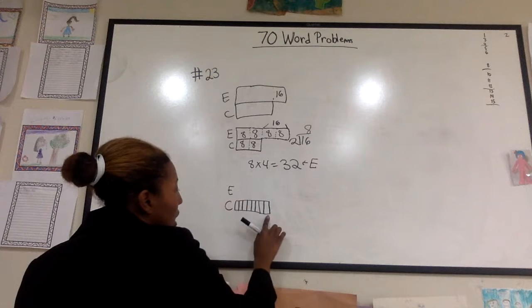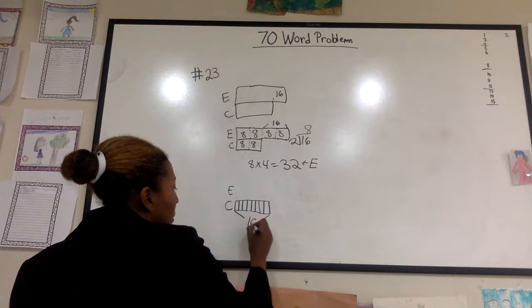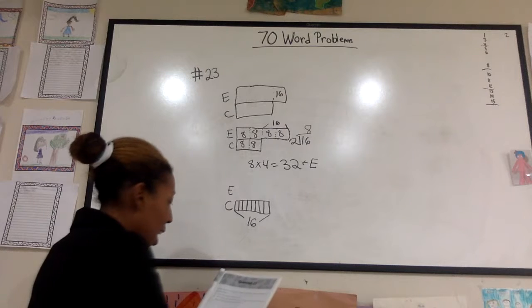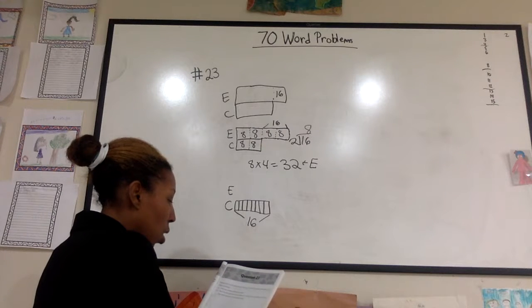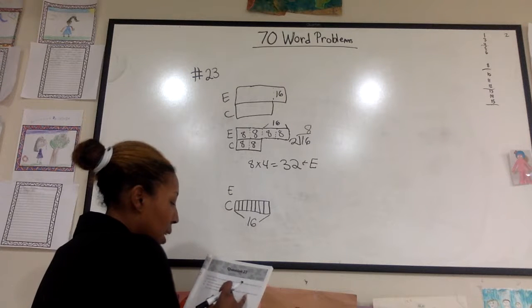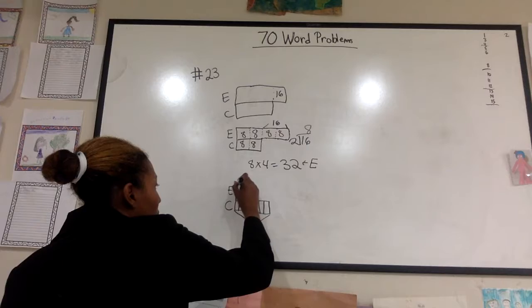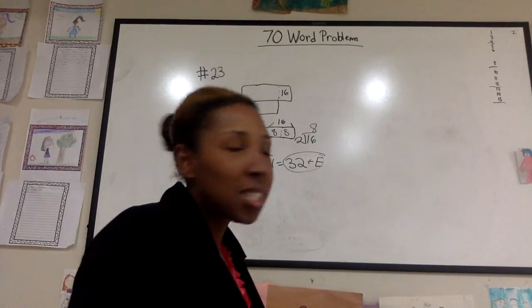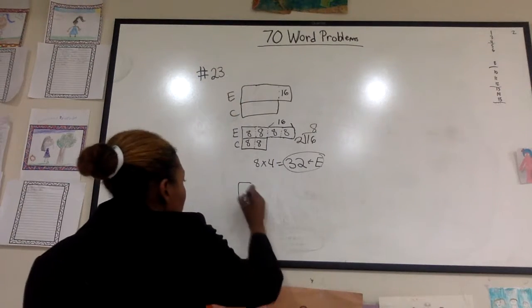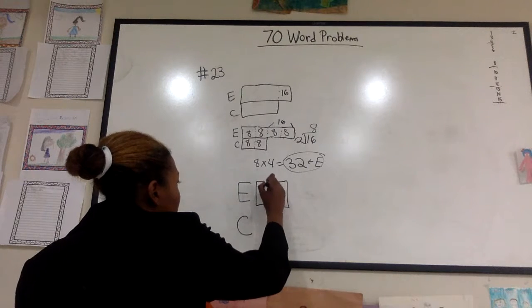Now I know already, even though I split it differently, I know that Carson has 16 stamps, right? And it said Eduardo has 3/8 as many. I'm going to make it a little bigger so you can see it. So 3/8 as many.